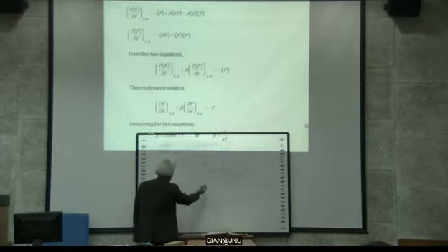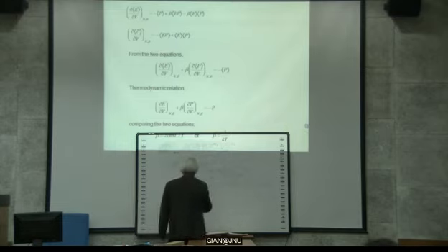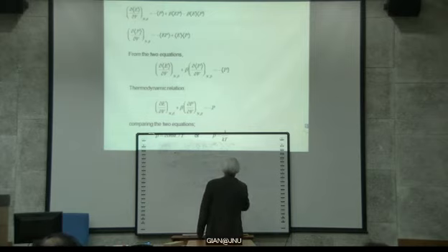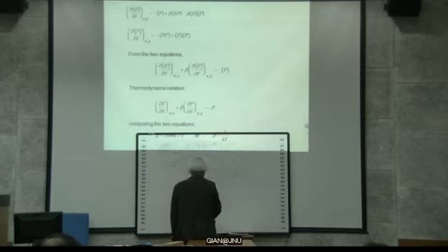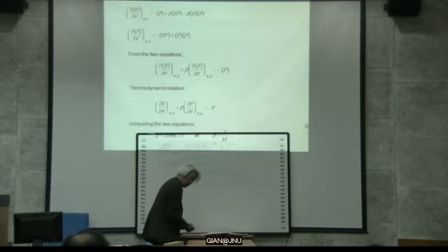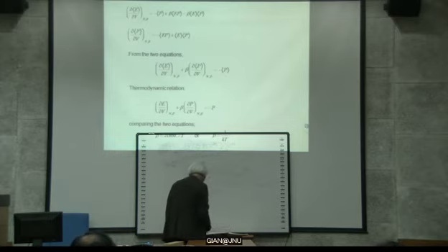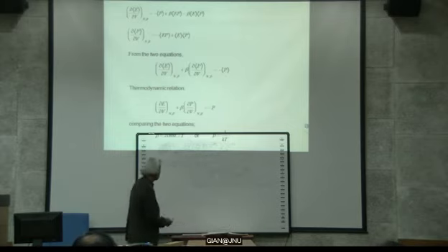Average of P times E, pressure times energy, minus this is average of P times average of E, but there is some negative sign, so this should be plus. Minus. Is that correct? Yeah, this is the correct expression.